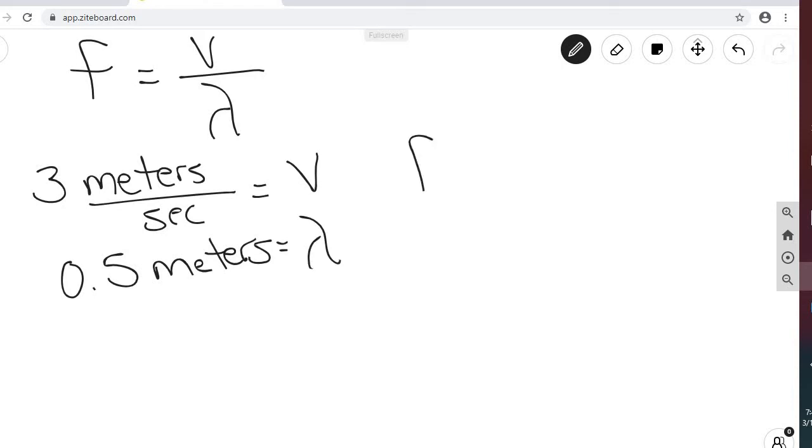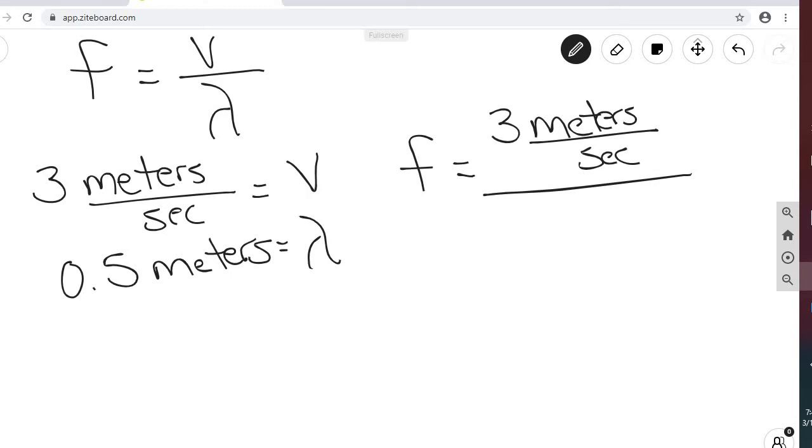Well, frequency is equal to the speed. So it would be 3 meters per second divided by the wavelength, which is 0.5 meters. We have a unit of meters on the top and a unit of meters on the bottom, so meters divided by meters is 1.